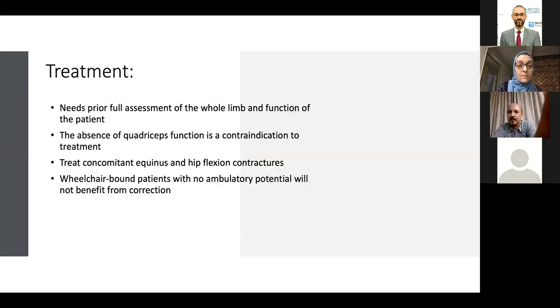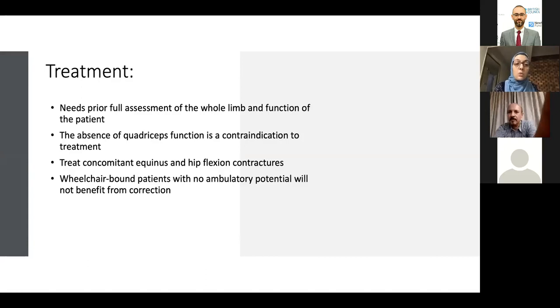What to do? You need to assess the whole child, the whole limb function. For example, in cases with tibial hemimelia where the tibia is totally absent, the extensor mechanism is also totally absent. So if you prefer to lengthen the posterior structures, the hamstring release, in the absence of an extensor mechanism, recurrence is 100% guaranteed. So you need to assess the flexor group, the extensor group, the functionality of the patient.